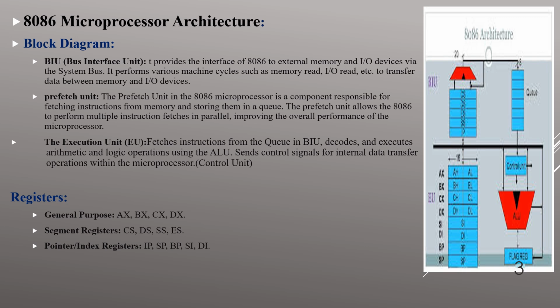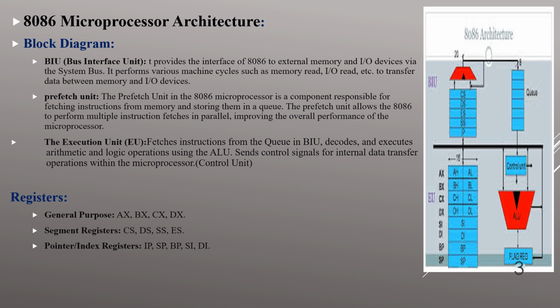That is code segment, data segment, stack segment, and extra segment respectively. Third one is the pointer or the index registers. In pointer, IP, that is instruction pointer, SP, stack pointer, BP, base pointer, SI, source index, and DI, destination index.